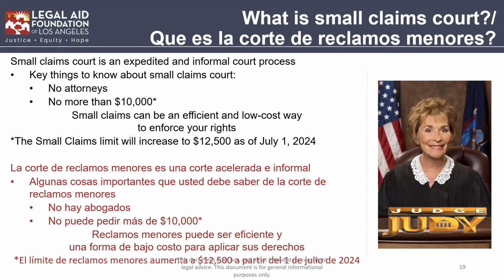And small claims court has a maximum amount of money that you can sue for. Currently, the maximum small claims amount you can ask for in a case is $10,000. However, effective July 1st, 2024, the small claims limit will increase to $12,500. So that will go into effect again July 1st, 2024.